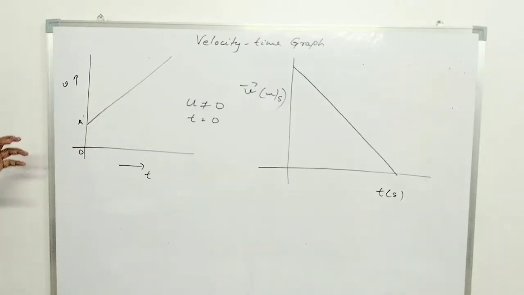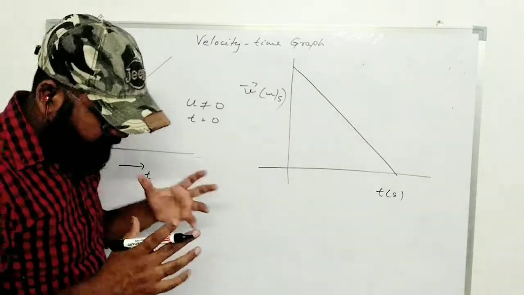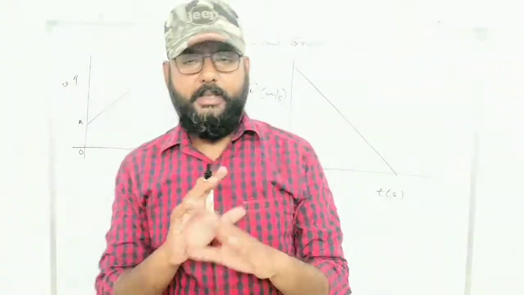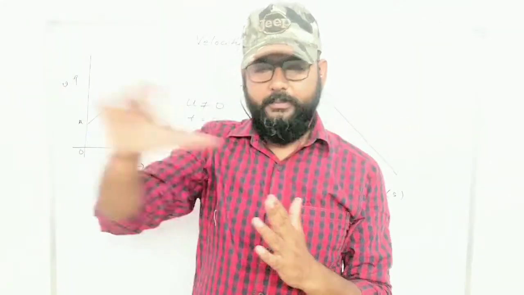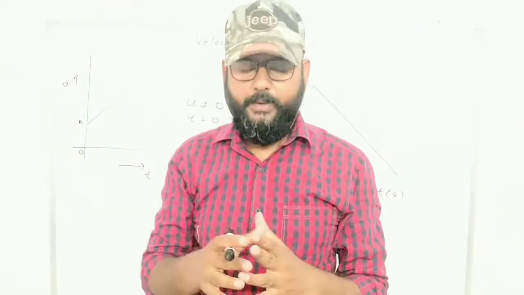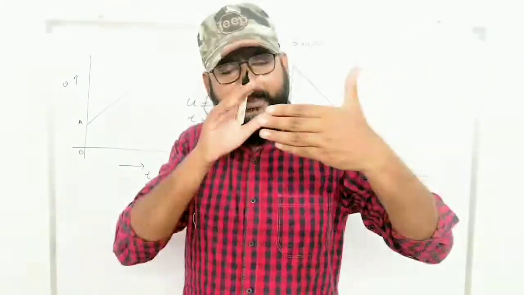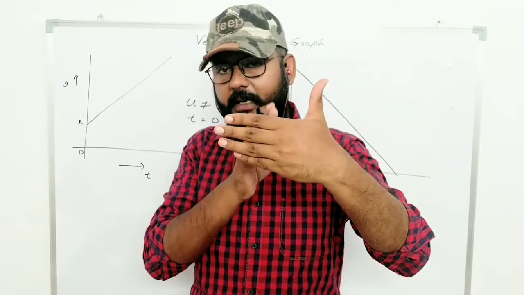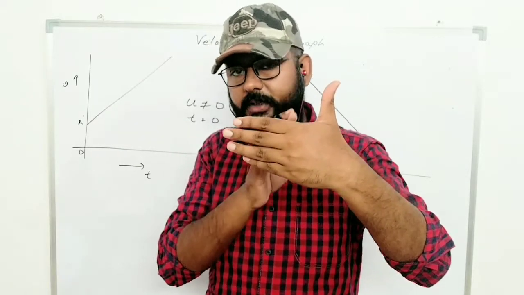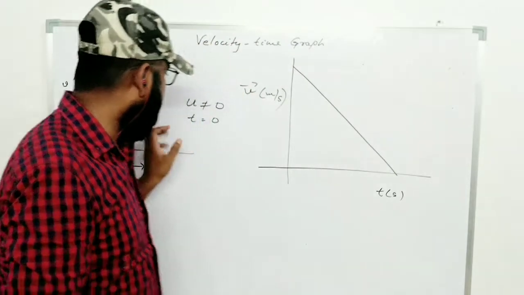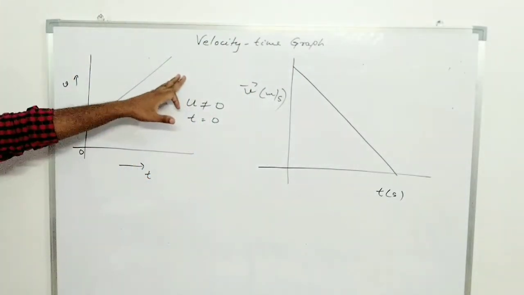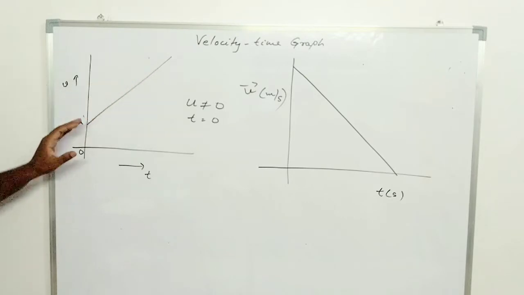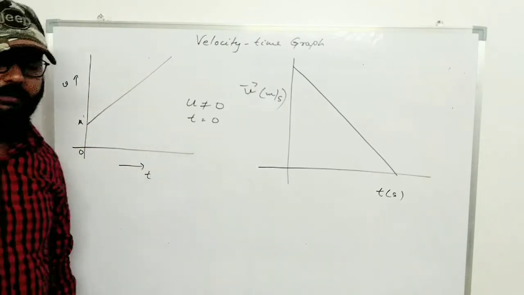Okay, suppose I am sitting here and one car goes in front of me. At that instant I see that the car has some velocity. Its initial velocity is not zero at that instant. Okay, so the velocity time graph is a straight line and does not pass through the origin.